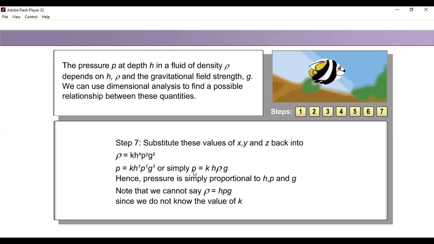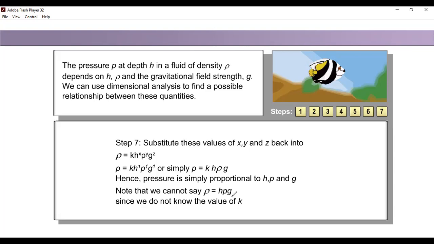That means that pressure P is equal to k rho g h, where k is a constant. Since we do not have any constant here, so it is balanced already. So at the end, P equal to H rho G.